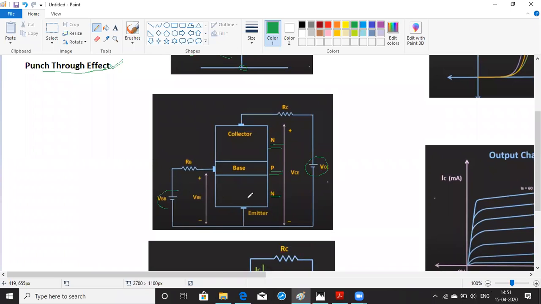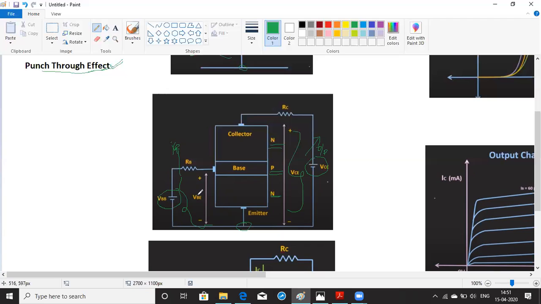Now the emitter is acting as the common. So this side is the input and this side is the output.